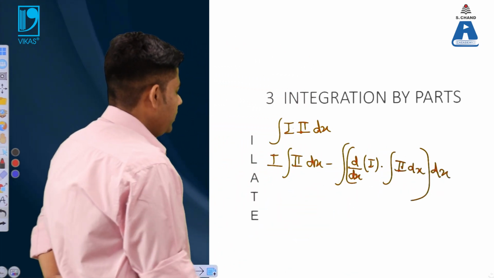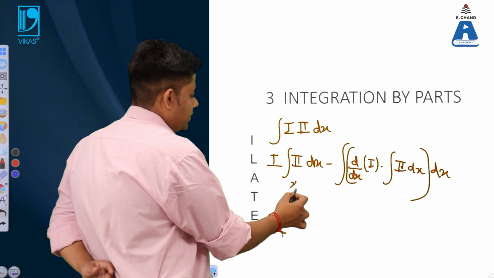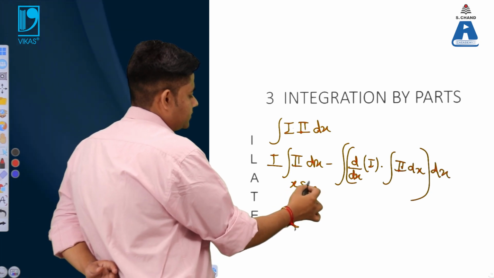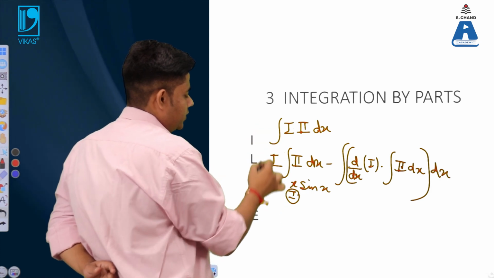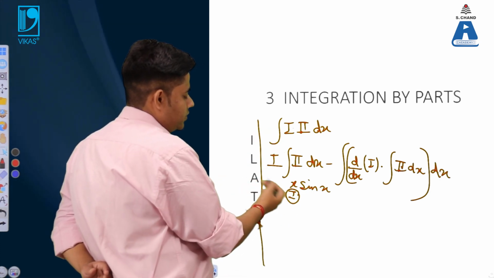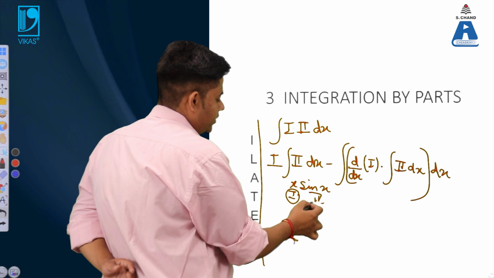Let's say, for an example, we have x sin x. As I've told you, through ILATE we have the first function, which is arithmetic, and sin x as the second function.